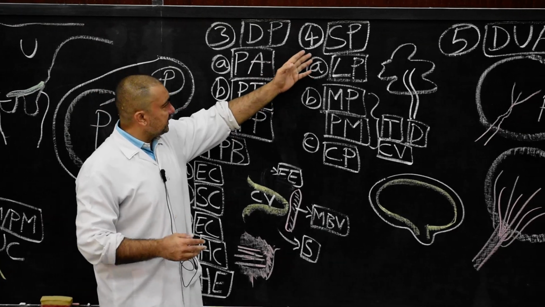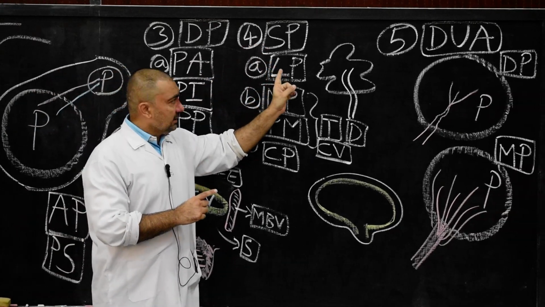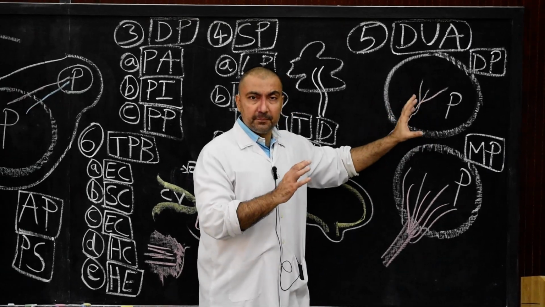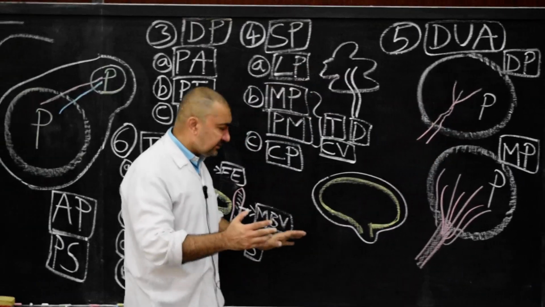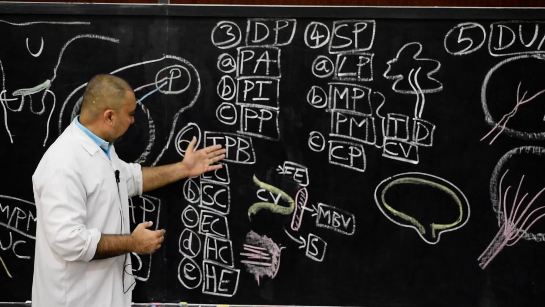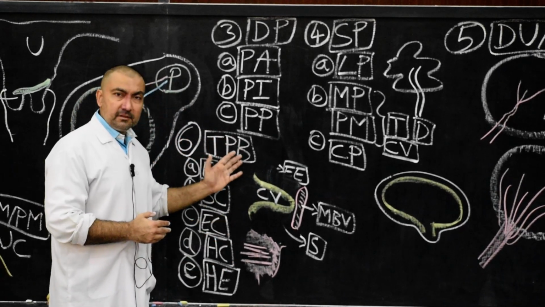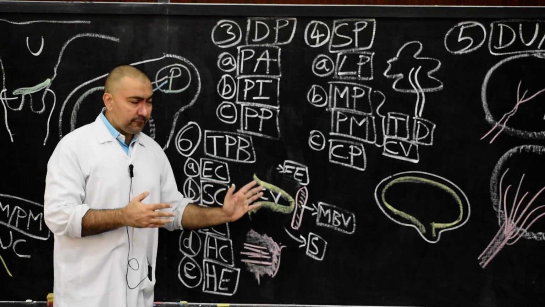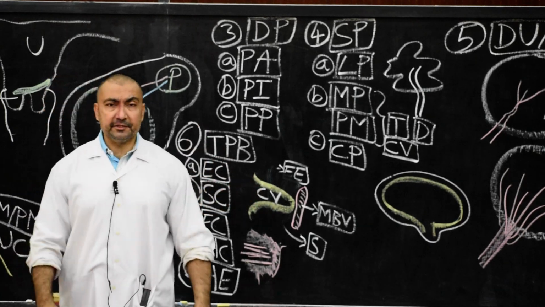The fourth was depending upon the shape of the placenta. The fifth was depending upon the distribution of umbilical arteries. And the sixth was depending upon the types of tissues which form the placental barrier. Here we finish the entire classification of placenta. Thank you very much.